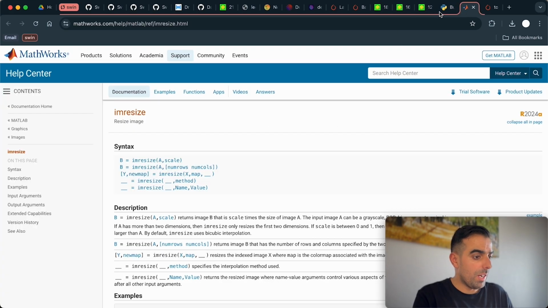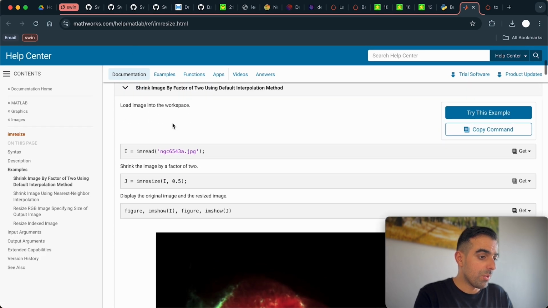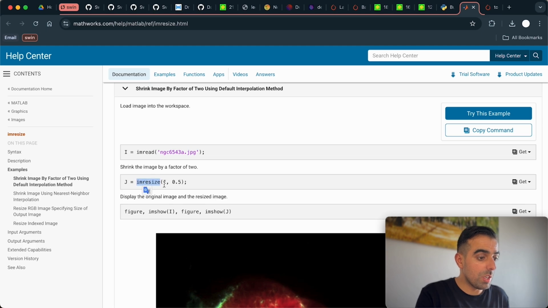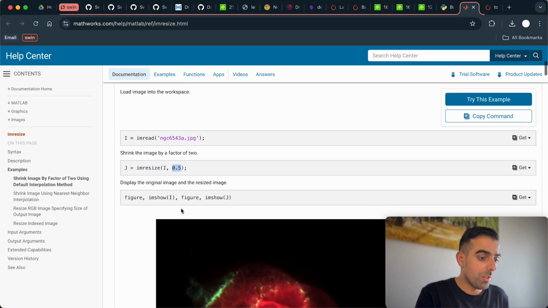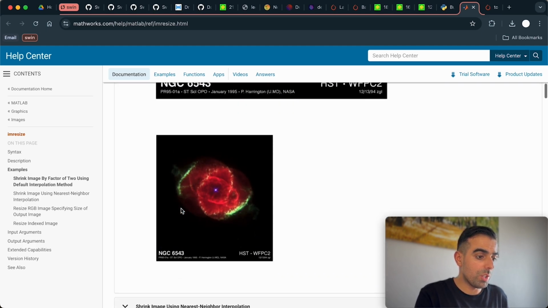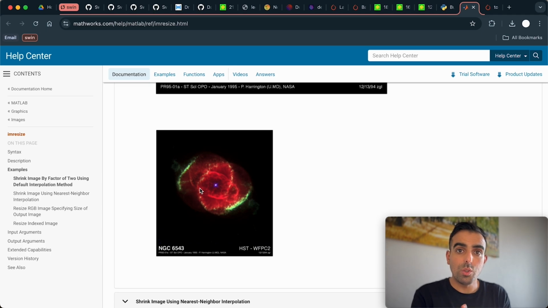So MATLAB has functions like imresize, which resizes images. So it can resize an image by half, just like this one. So this is the original image and this is the reduced image. Do you see what I'm trying to get at here?